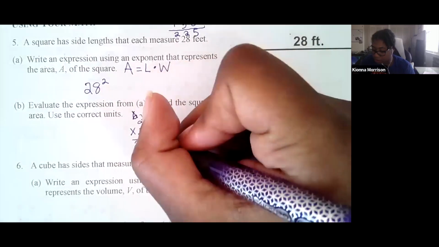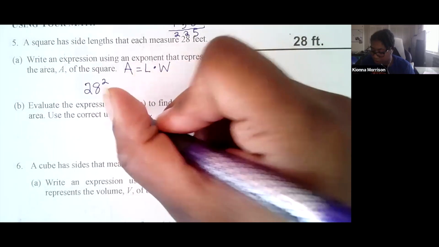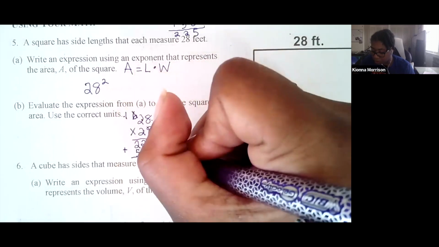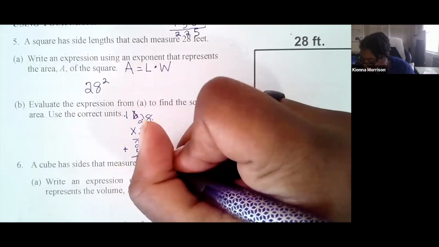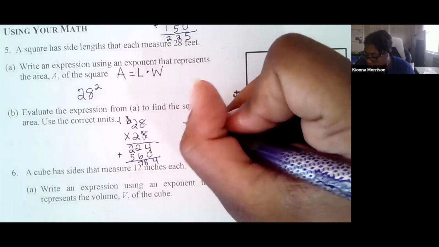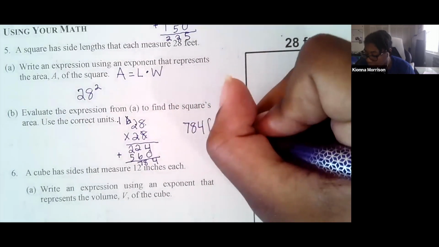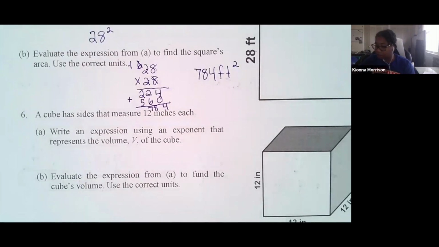Placeholder 0. 4, 8, 7. 784 feet squared.